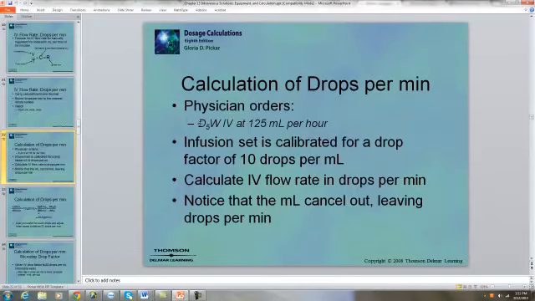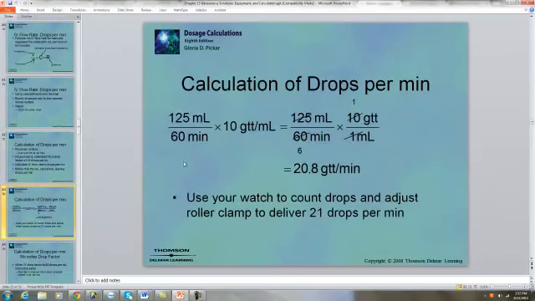So if the physician ordered dextrose 5% water IV at 125 milliliters per hour, the infusion set is calibrated for a drop factor of 10 drops per milliliter. So you calculate the IV flow rate in drops per minute. Notice that the milliliter cancels out, leaving drops per minute. So it looks like this.